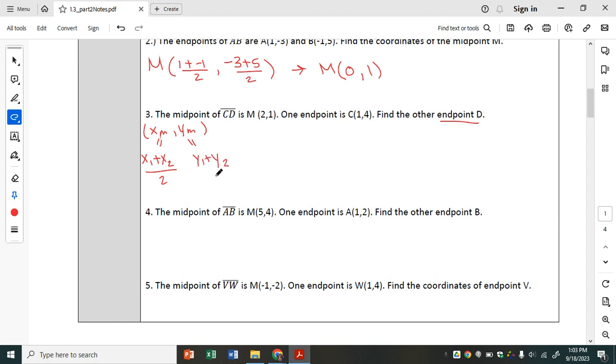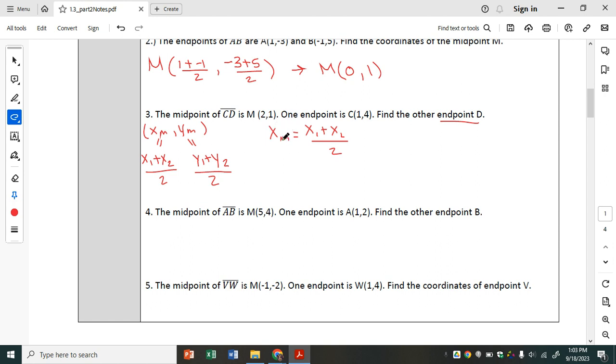So if I have my midpoint and I need to find the x of my other endpoint, or if I need to find the y of my other endpoint, I'm going to use my midpoint formula. I'm just going to plug in what I know.